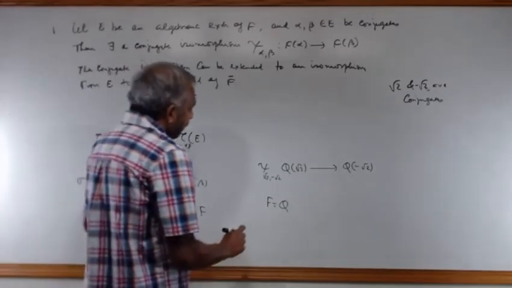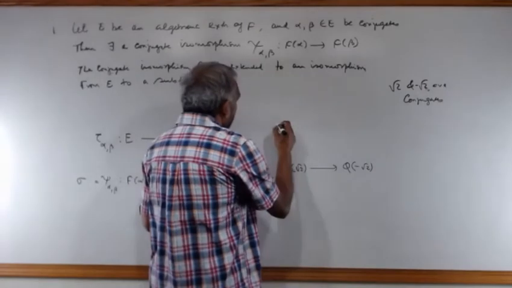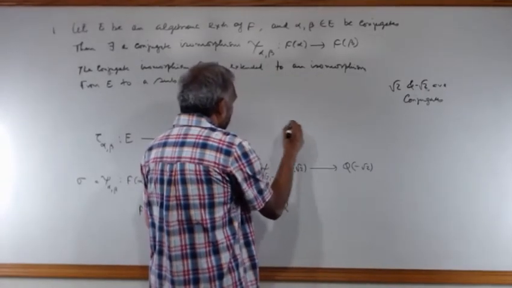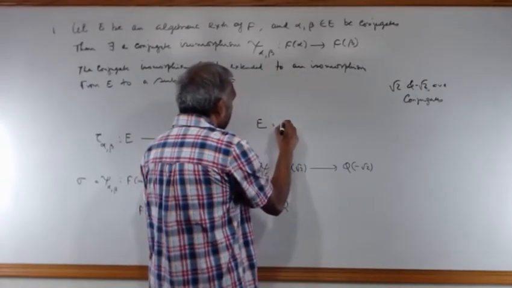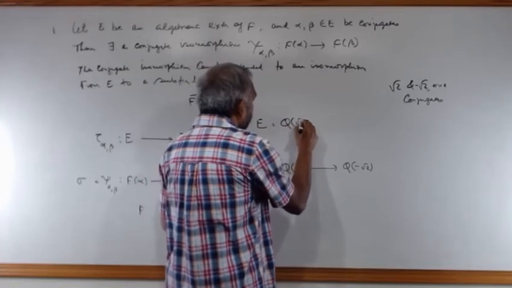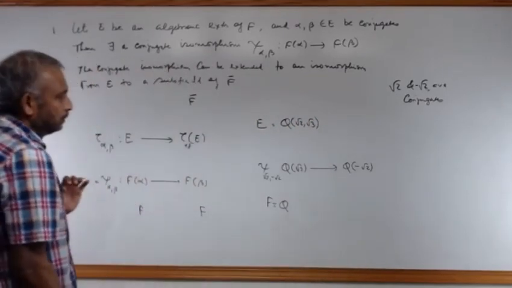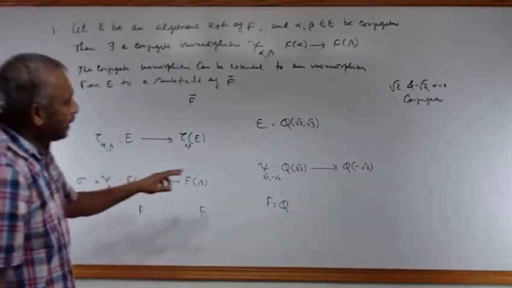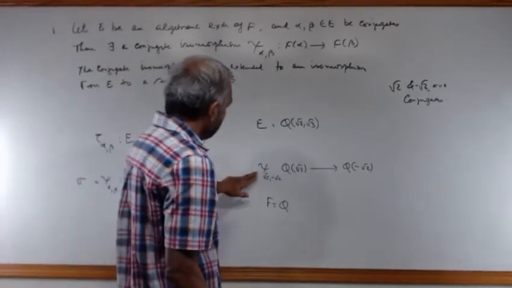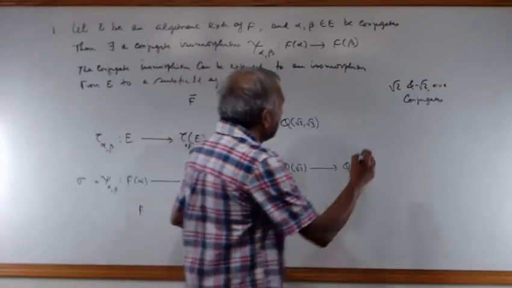So let us assume that E is equal to Q of root 2 comma root 3. So what is the definition of this psi?